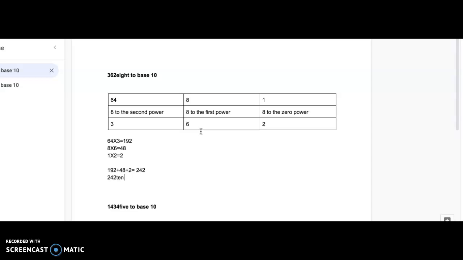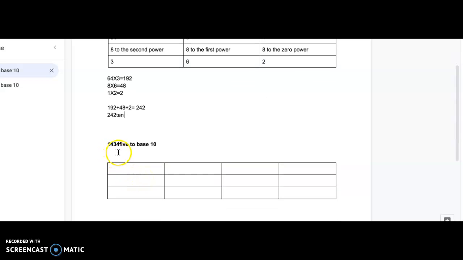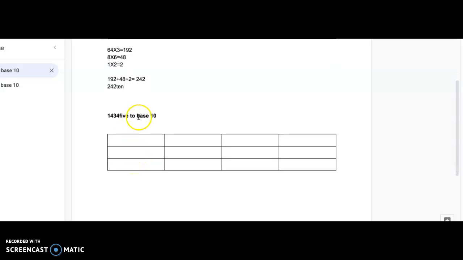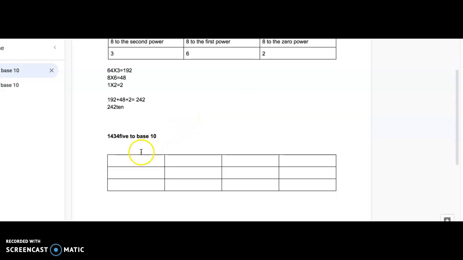So next I am going to be converting our next number, 1434 base 5, to base 10. So I'm going to show you this in another way, similar to this table, but I'm just going to do it in a different order. This numeral has 4 digits, so I have a chart with 4 columns. In base 5, our place values that we use are 1, 5, 25, and 125.